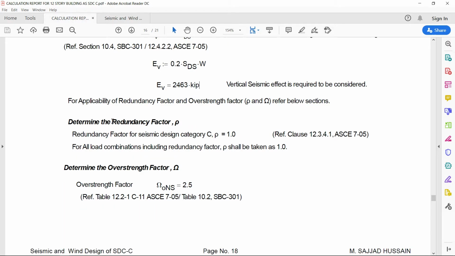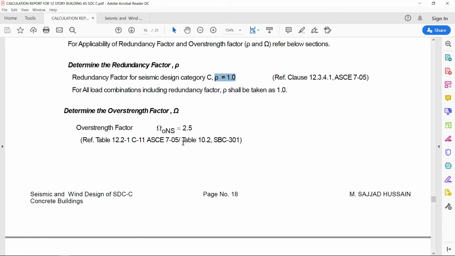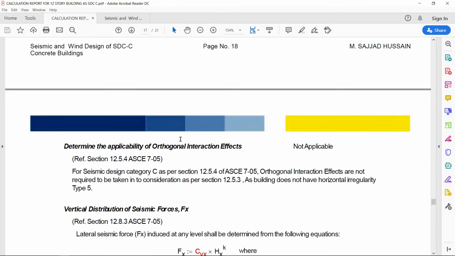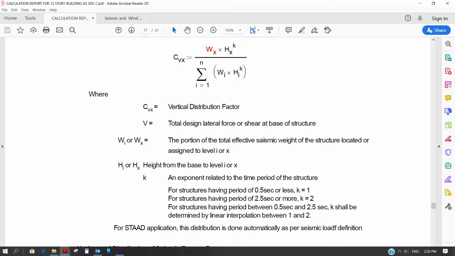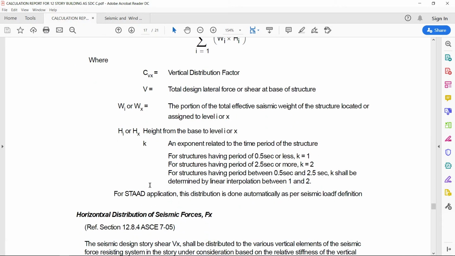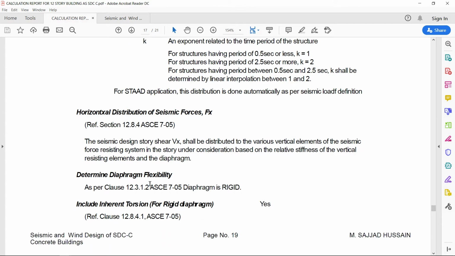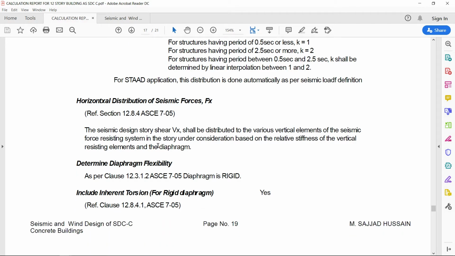Similarly, the redundancy factor rho as per the code is 1. So all these factors have to be checked.